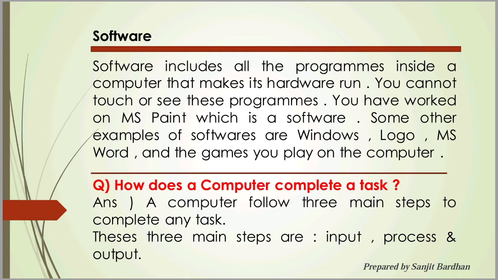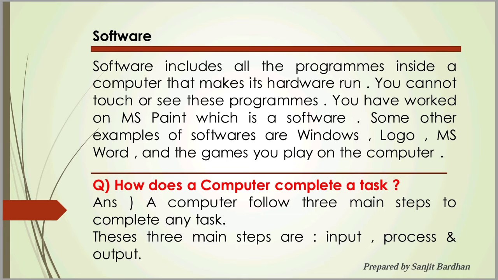You have worked on MS Paint, which is a software. When we draw something on a computer in MS Paint, this is also software. Some other examples of software are Windows Logo, MS Word, etc. This is the main topic of our chapter, software.